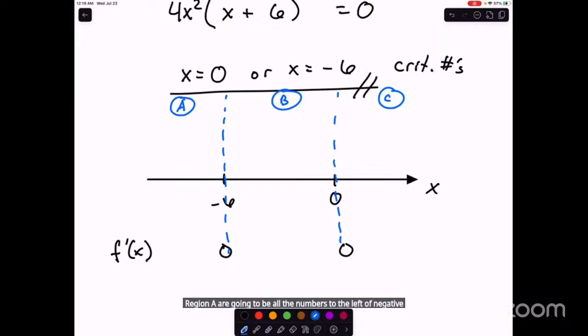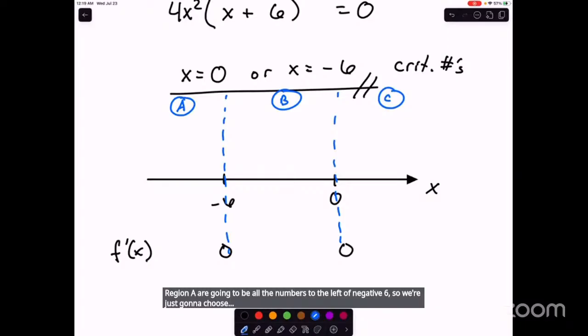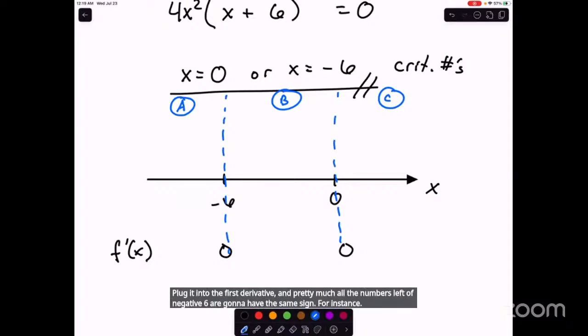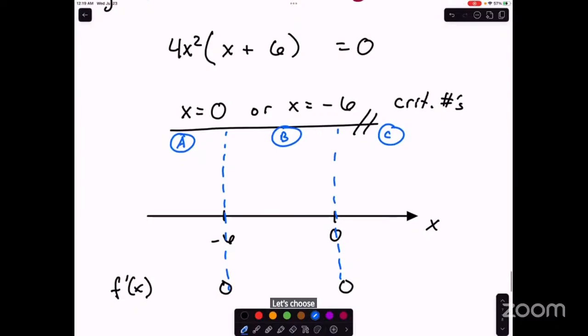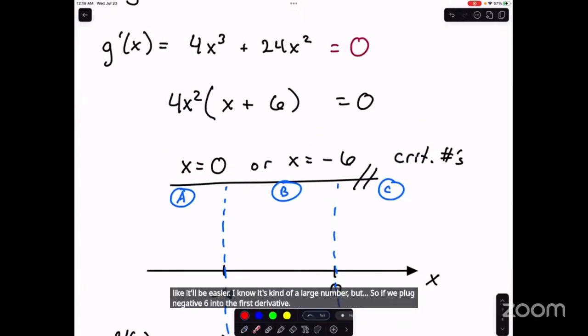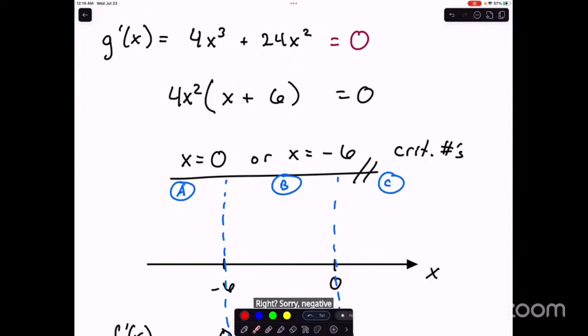We'll choose one number on the left side of negative 6, plug it into the first derivative, and all the numbers left of negative 6 will have the same sign. Let's choose negative 10 because it'll be easy.